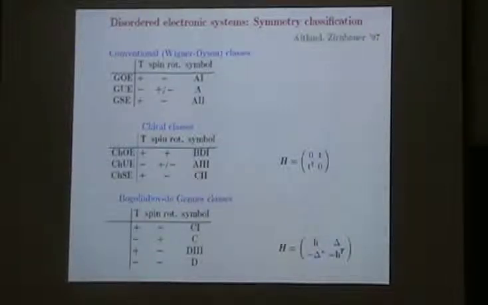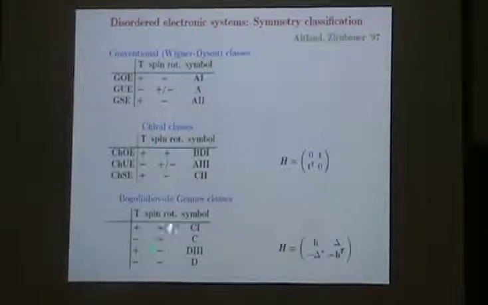In total there are, as it's understood now, 10 symmetry classes. 3 of them are the normal Wigner-Dyson classes that you encounter in usual situations, and which of them you get depends on whether you have time-reversal symmetry or spin rotation symmetry.